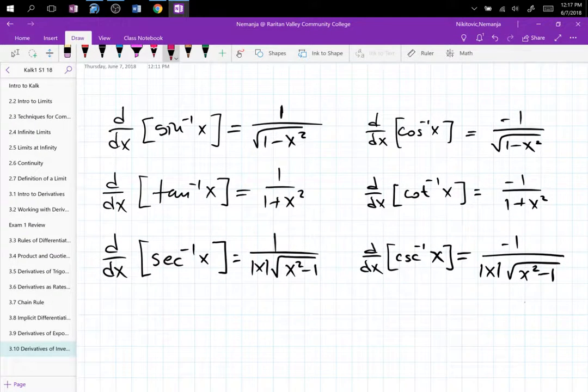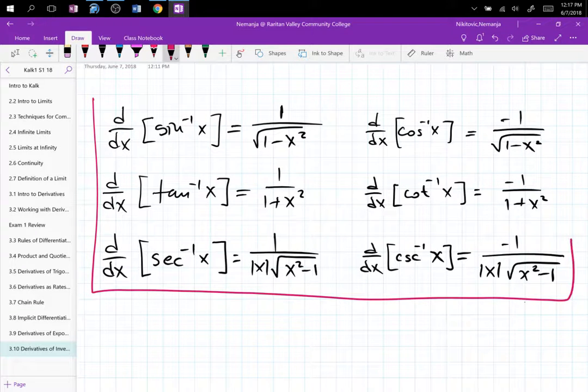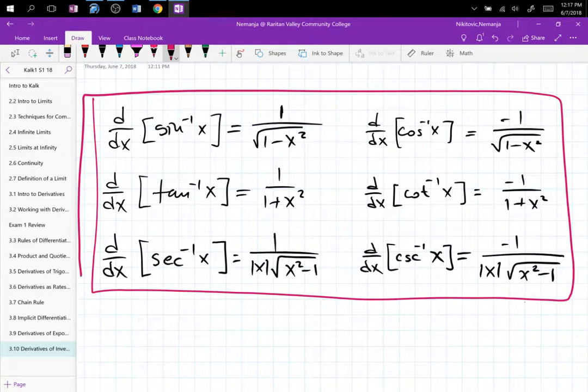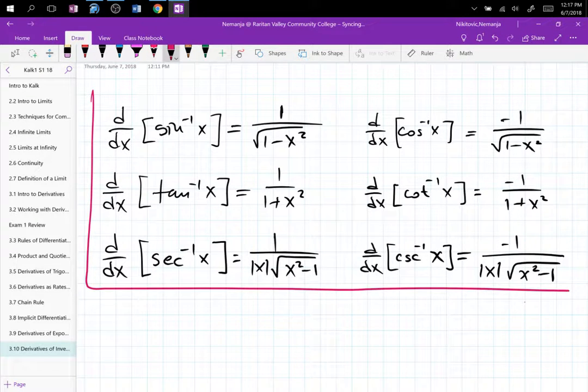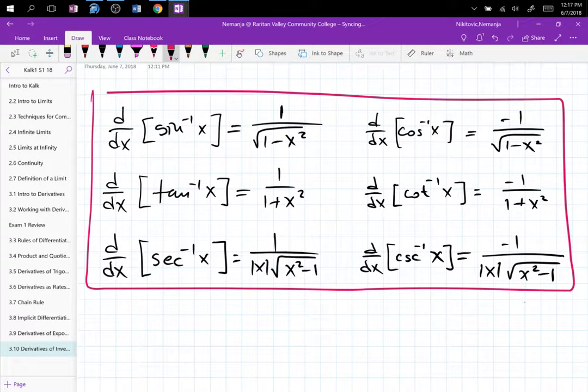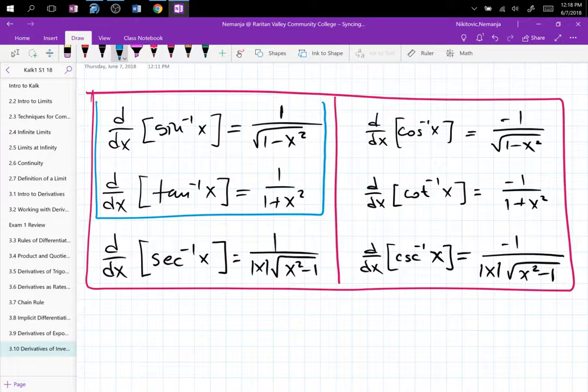I'm going to put the box over here for these 6, and separate them there as well. And I'm going to box these 2 as the 2 formulas that show up most of the time.